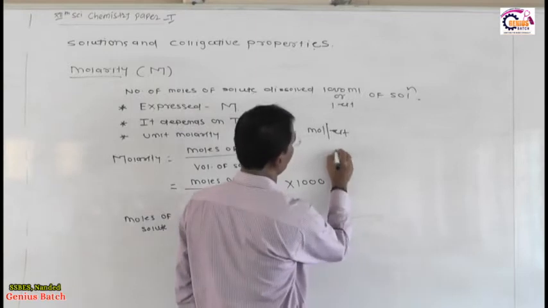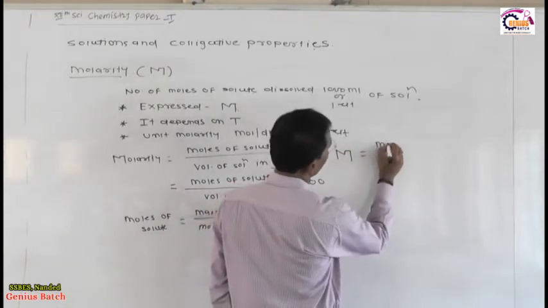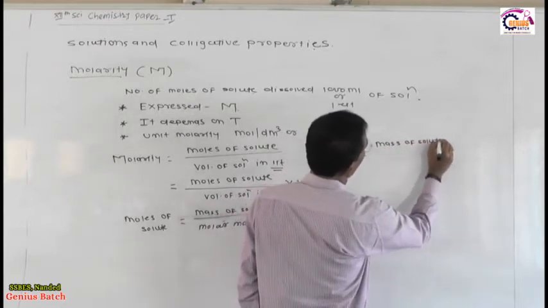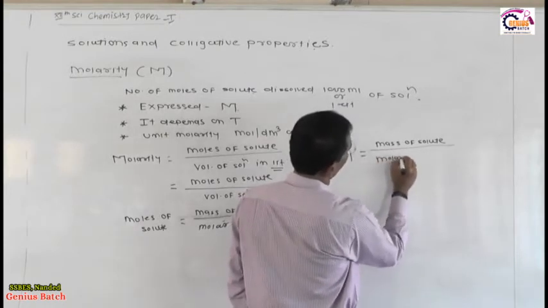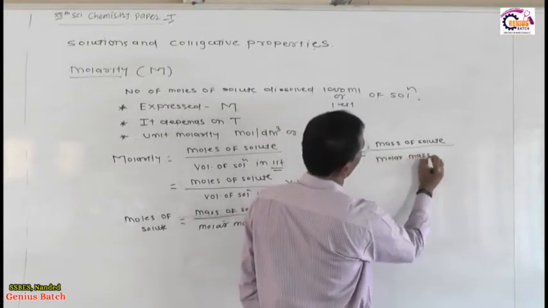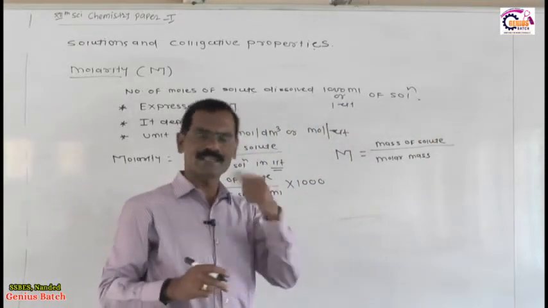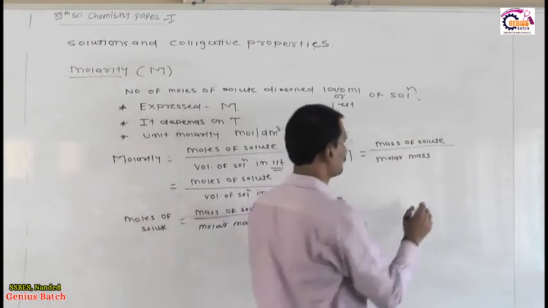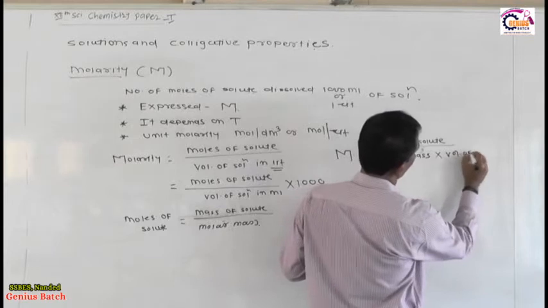Therefore, capital M, or molarity, is equal to mass of solute divided by molar mass, into volume of solution in liter. Mass and molar mass must be in the same unit: either both in gram or both in kilogram.